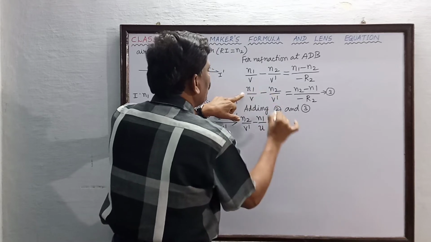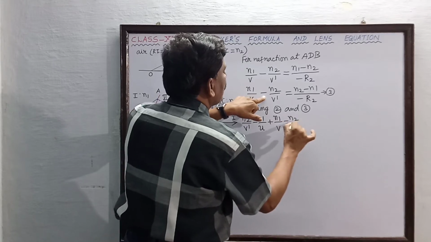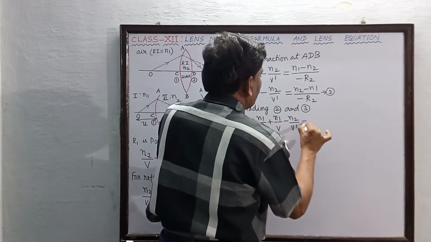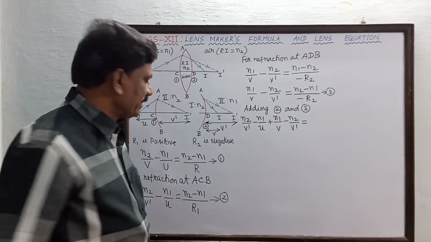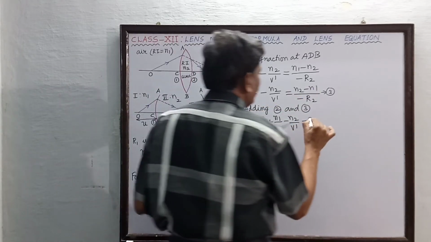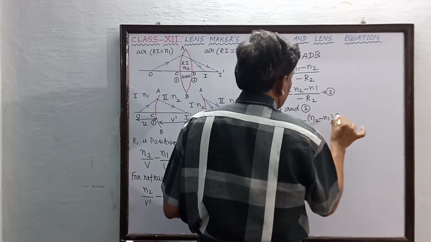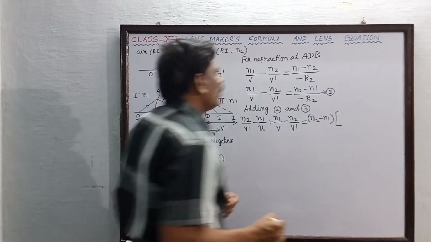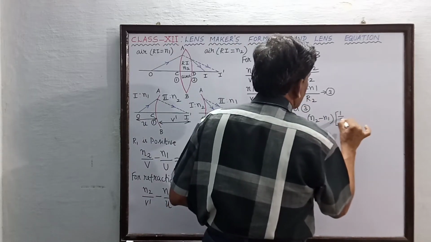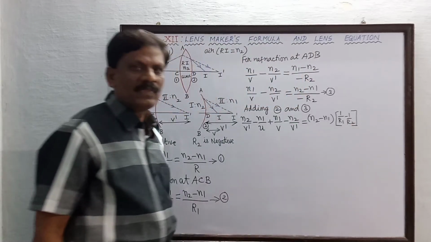I have added the left hand sides and I am going to add the right hand sides. While adding the right hand sides, you see the common factor is what? n2 minus n1. So I will write this is n2 minus n1 into 1 by r1 minus 1 by r2. Right?